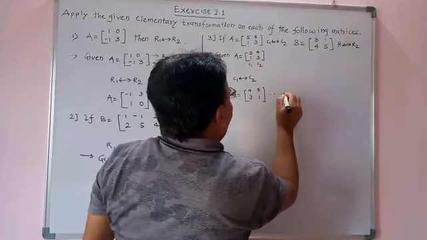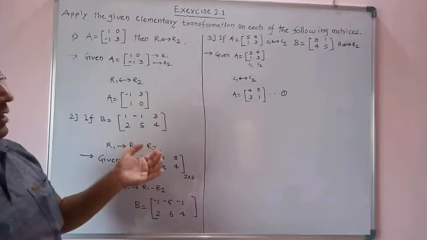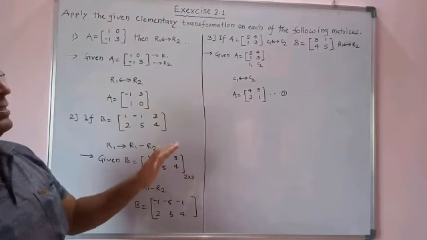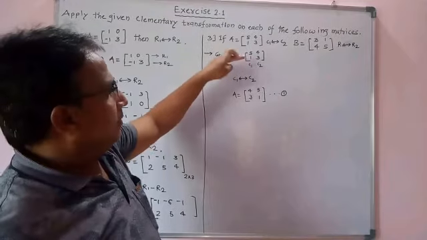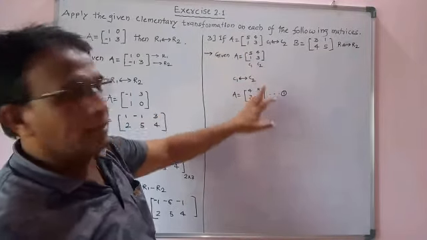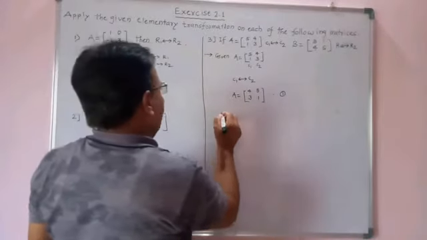This is equation first. C1 interchange C2, the new matrix A is [4, 5; 3, 1].